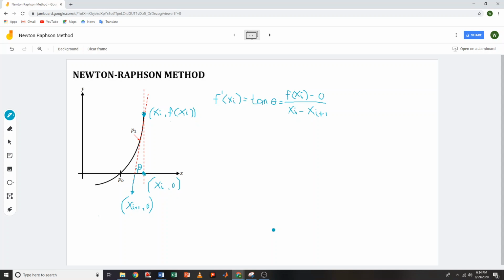Okay, so we have here the figure representing the Newton-Raphson method. We have the x-axis and the y-axis, and this is the graph of the function, say f of x.